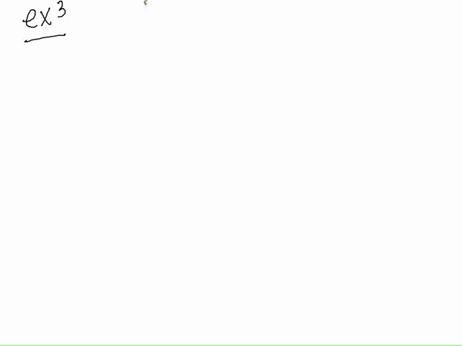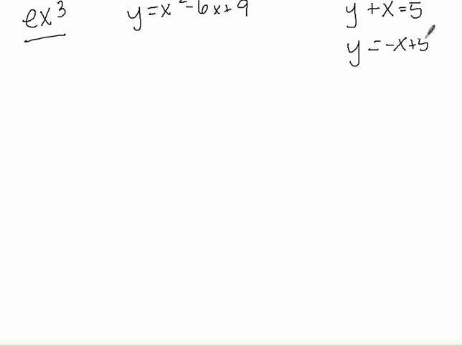So if we've got y equals x squared minus 6x plus 9, and then y plus x equals 5, what I'm going to do here is solve for a variable. As we can see, if I did the same thing as earlier, I have y is equal to -x plus 5. So now that I've got a variable, y, isolated, I can substitute this expression in for y.